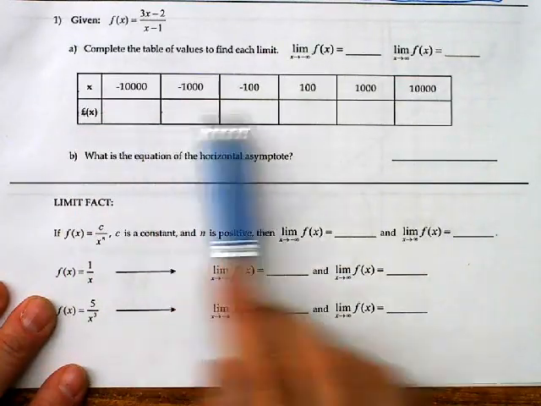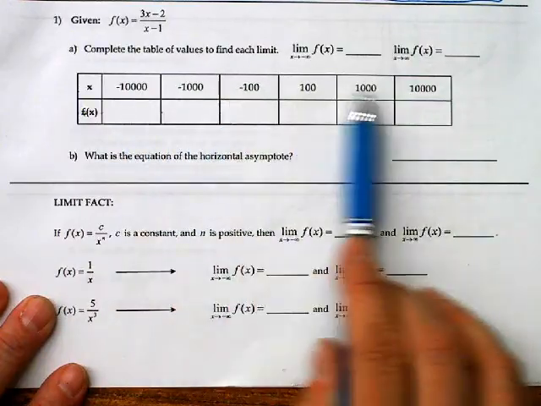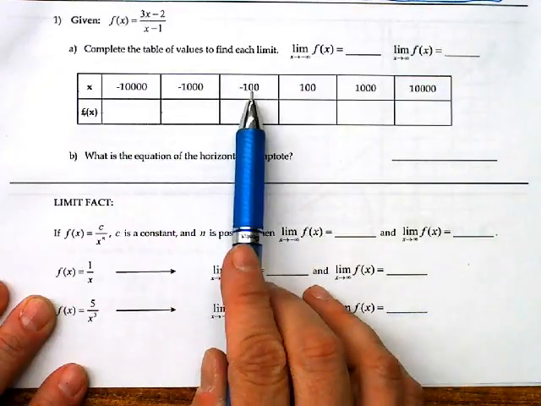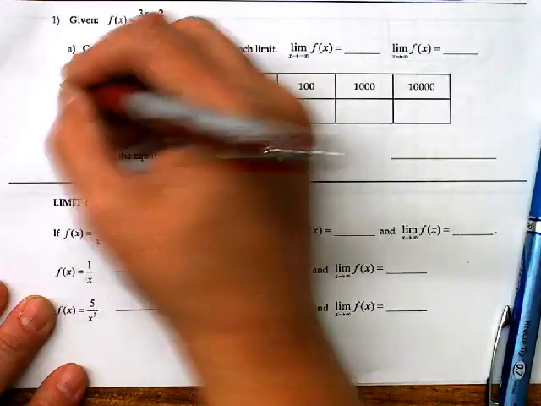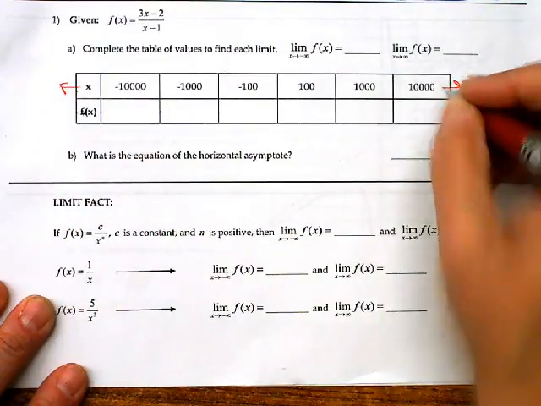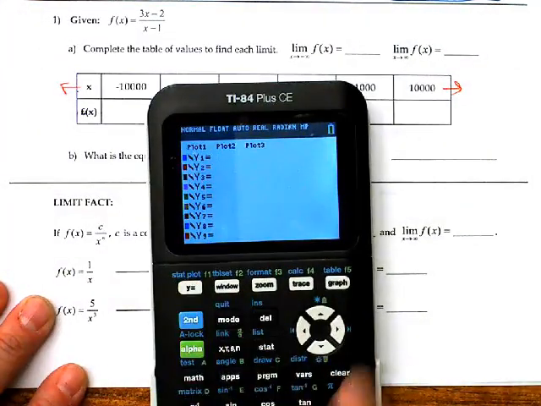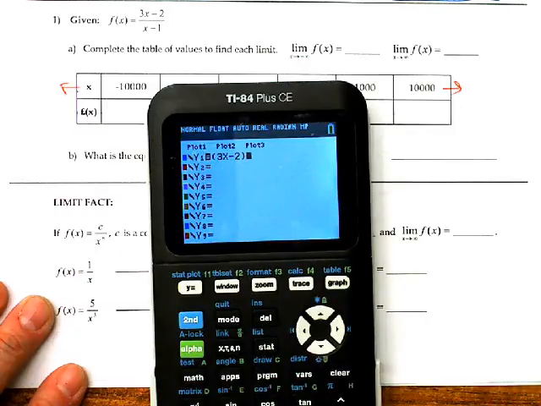If you notice, though, we're not barreling towards an undefined value, which would be x equals 1, but we're actually working our way from the middle of the table out. So how about this? Could you all grab a graphing calculator, type this function in, and fill in that table of values, and I will pause the video and catch up with you after that is done.